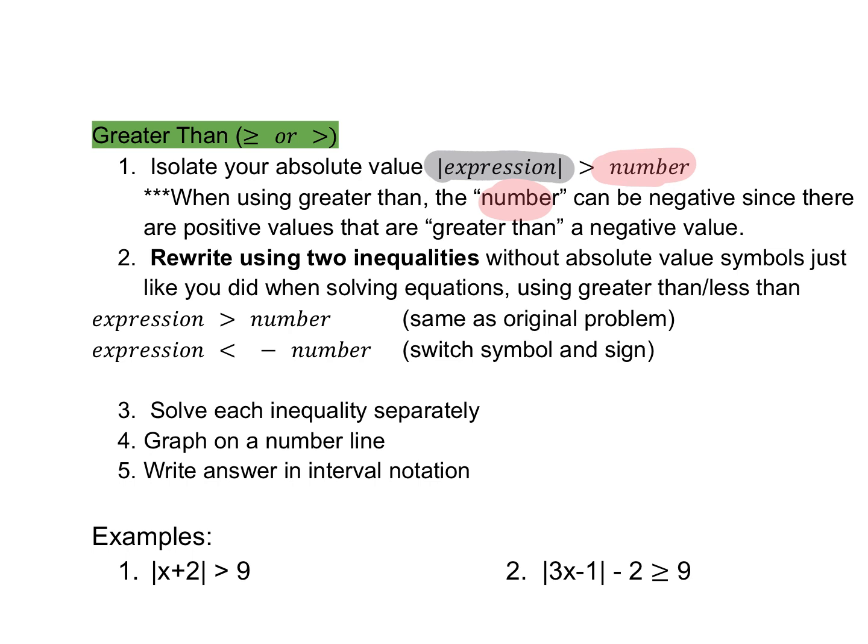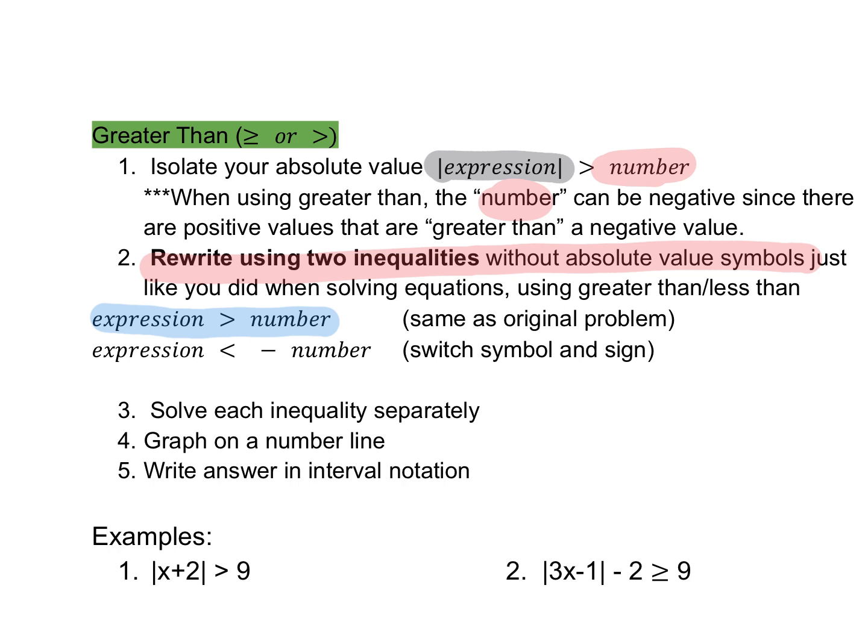Then you're going to rewrite using two inequalities. Sound familiar? That's what we did yesterday. We rewrite using two inequalities without absolute value symbols, just like solving equations. One is going to use greater than, the other is going to use less than. The first inequality is your absolute value expression is greater than or equal to whatever your number was on the right.